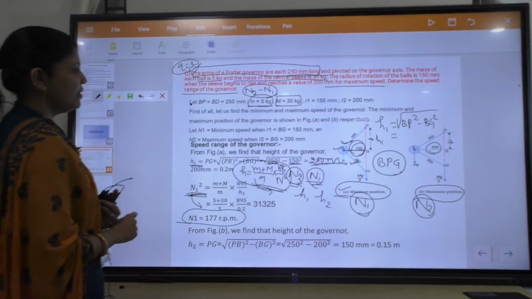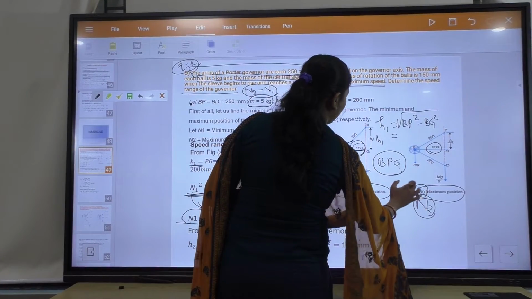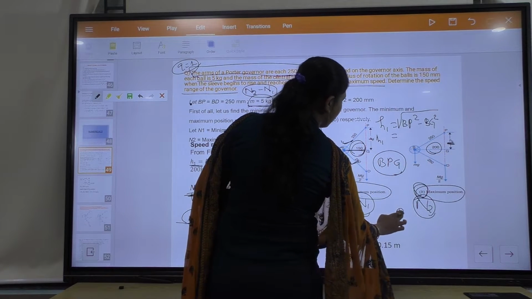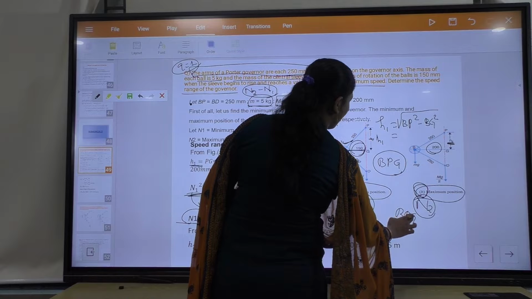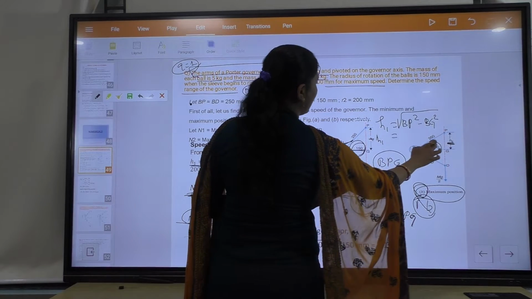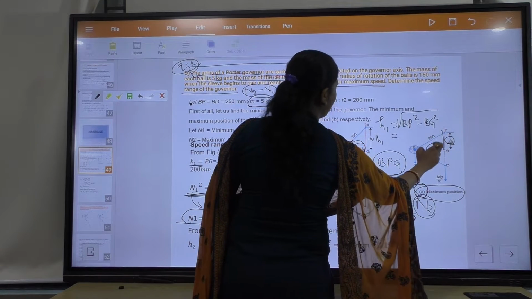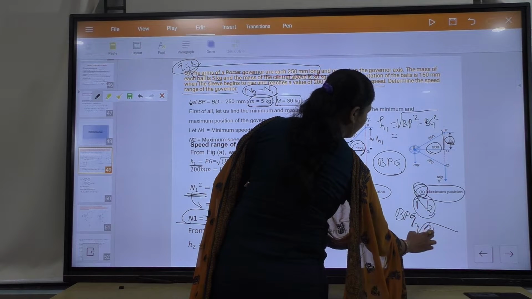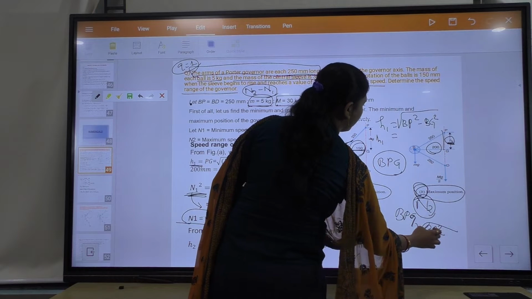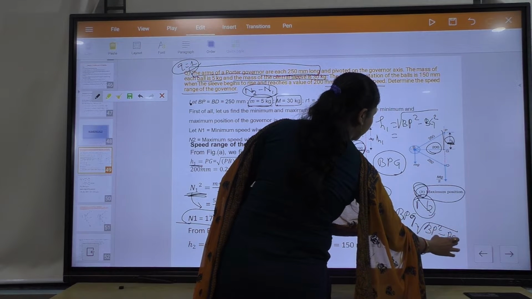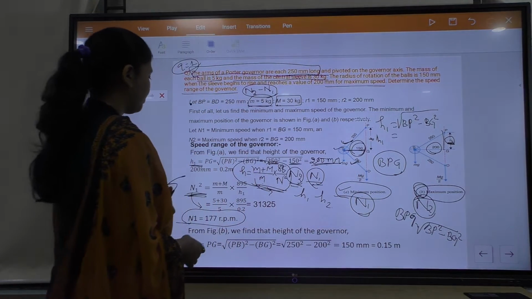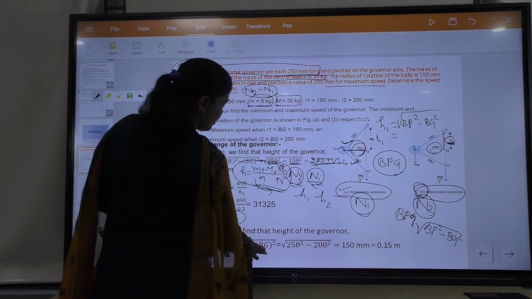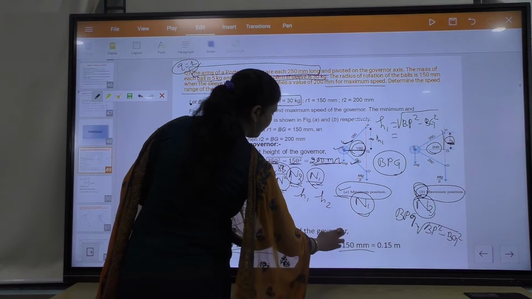Similarly, from figure B, we can get the value of h2, because this triangle BPG is also a right angle triangle. So the value of h2, or PG, will be equal to the square root of BP square minus BG square, that is equal to 150 mm.